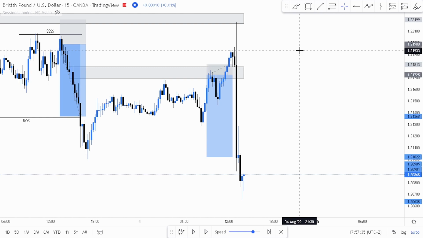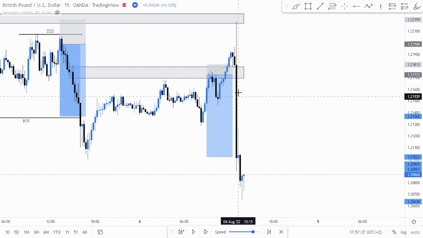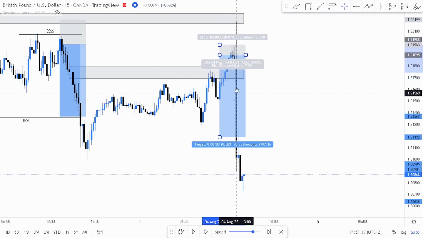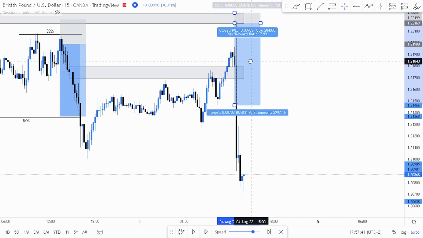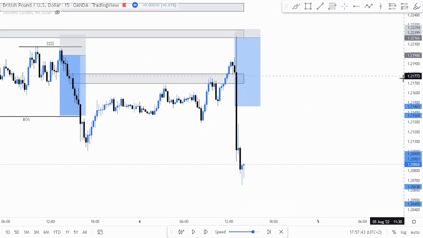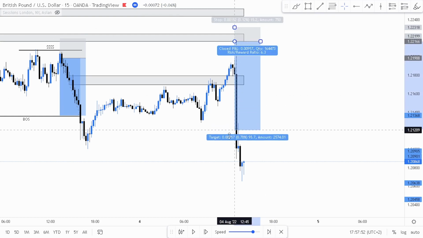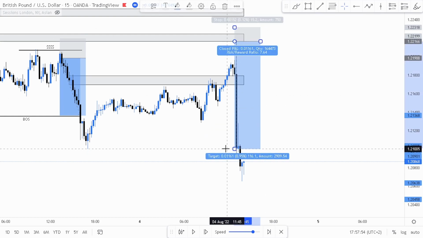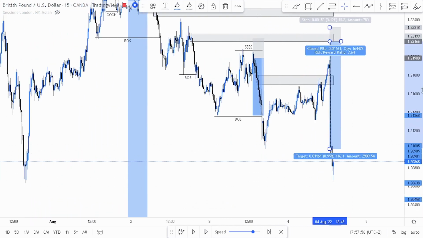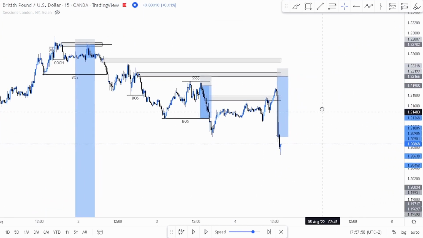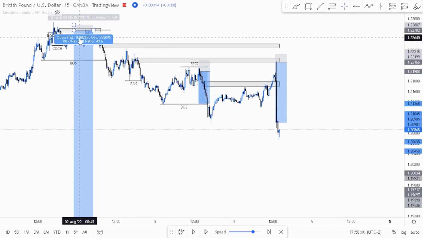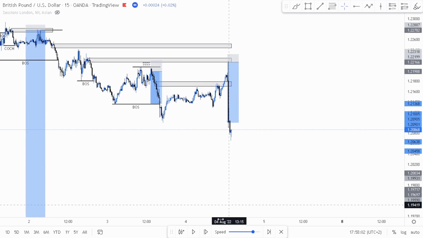Now this is the entry which we took. If you go check out the Telegram group, the Telegram channel, we were involved right over here, and our stop loss was less than 15 pips, as you can see, and we were targeting these lows. Now these are the trades that I take to build my account, but the initial trade which I took over here, I am still holding.